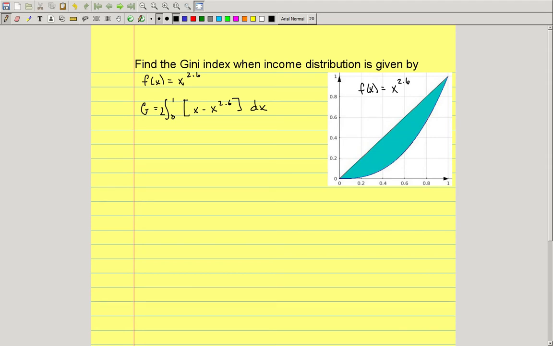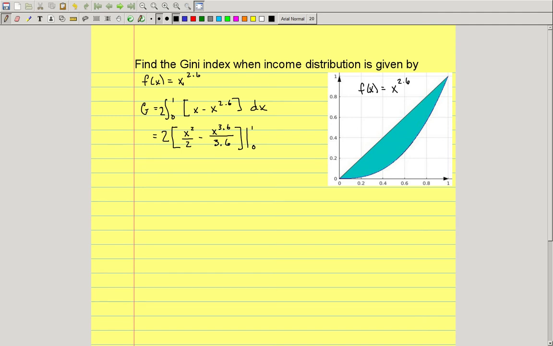Don't forget the 2 out front, sorry about that. And we want to calculate this definite integral. So we have 2 times x squared over 2, which is the antiderivative of x, minus x to the 3.6 power divided by 3.6, evaluated on the interval from 0 to 1.